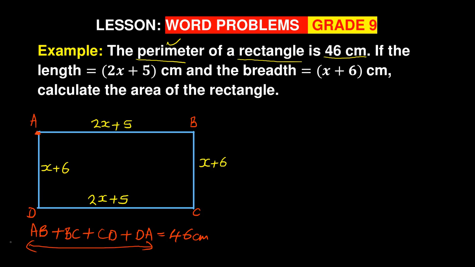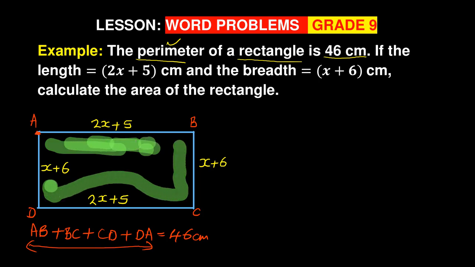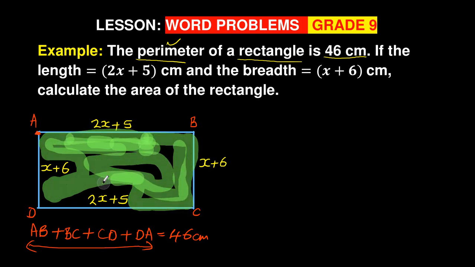Now the area, remember, when they talk about the area, what they are actually referring to is the distance inside the shape. So the area is everything that is inside here. So everything inside, so that I don't affect that.